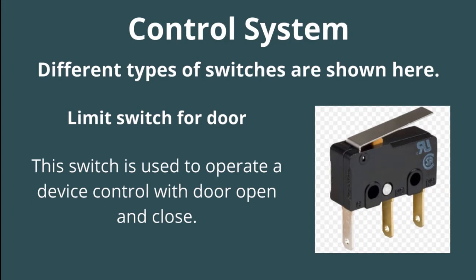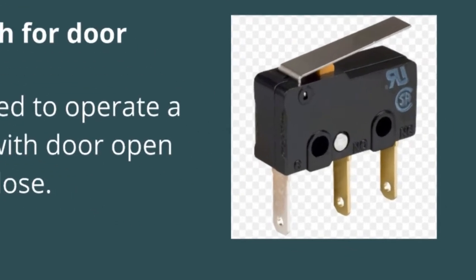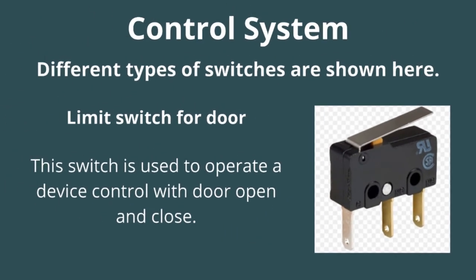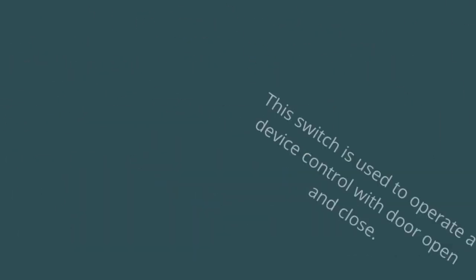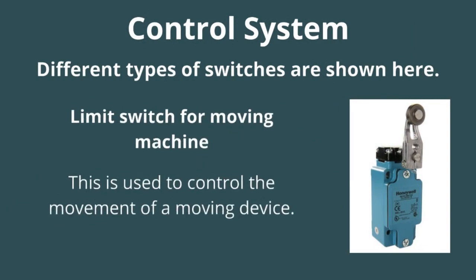This switch is used to operate a device control with the door open and close. Limit switch for moving machine. This is used to control the movement of a moving device.